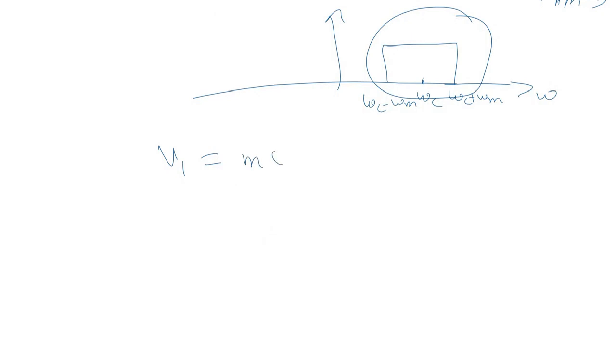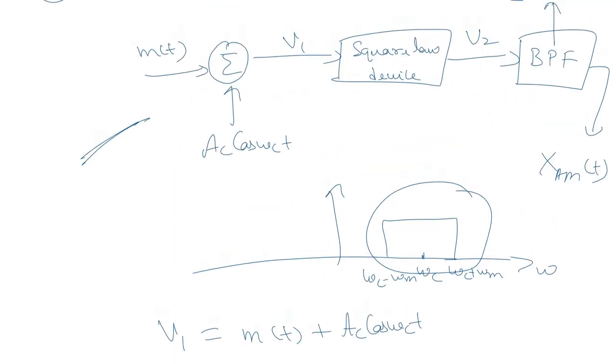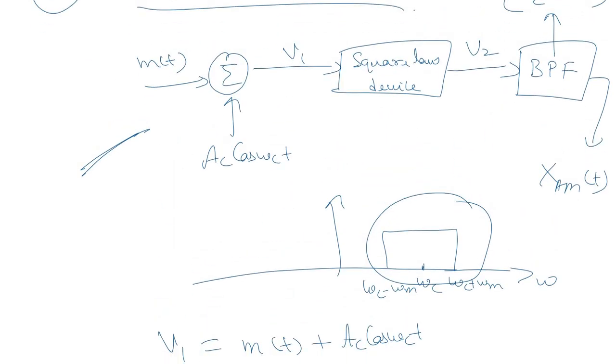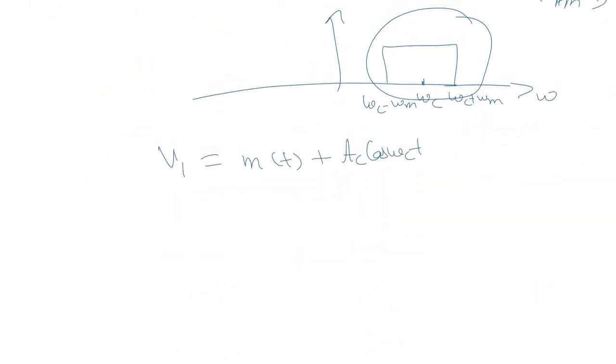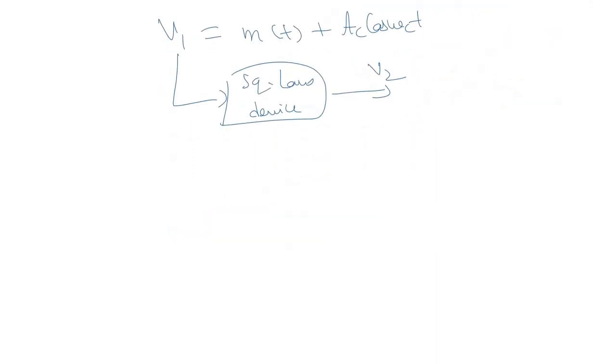Okay, so this becomes MT plus AC cos omega CT. Alright, now comes the second step. We pass this V1 signal through a square law device and the resultant is V2. That means the next step is we give V1 as input to the square law device and the resultant output is V2.